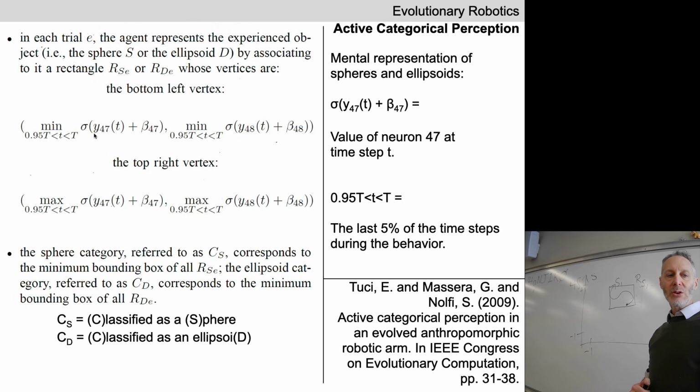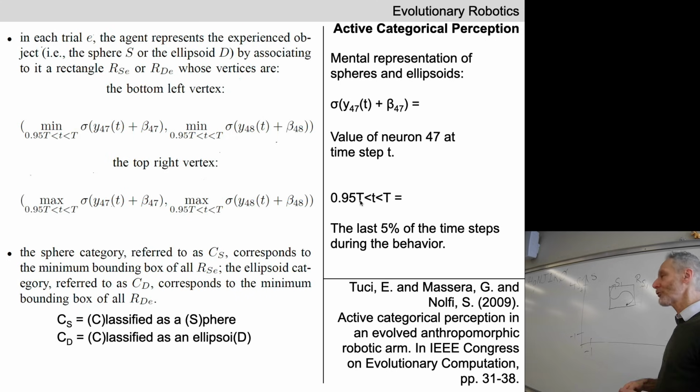So these are the values of 47 and 48. We're going to look at those values across a particular time range. When I drew this trajectory here, it is meant to represent the entire length of the simulation that the CTRNN is controlling the robot during the E'th trial. In this case, we're going to index lowercase t. We're going to look at the values of t between 0.95 uppercase T through uppercase T, which is not defined here.